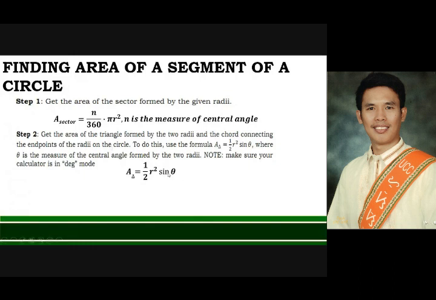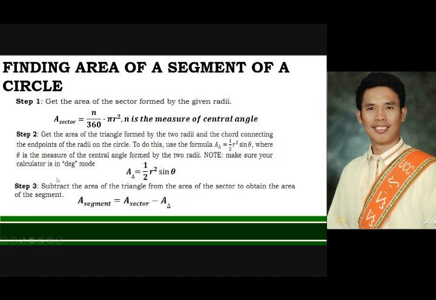We are going to use sine theta, depending on the given degree. And then after that, once we have the area of the sector and the area of the triangle, we will subtract the triangle from the sector. So, this is our example.